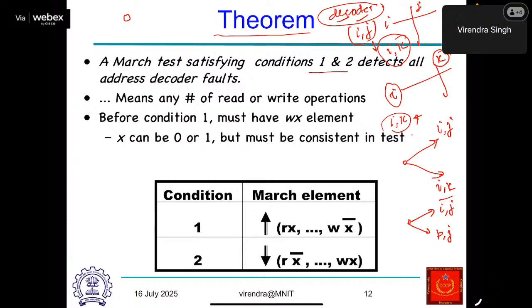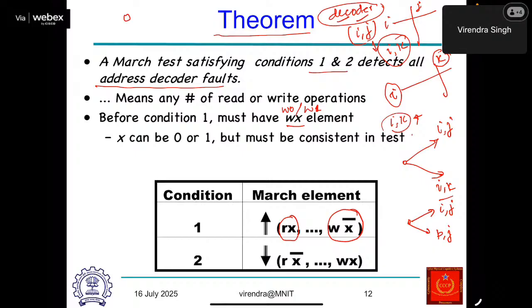To detect all the address decoder faults, this means applying a number of read or write operations. Before condition 1, you must have written something into the element. X can be 0 or 1, so this can be write 0 or write 1. So what you do is read the array and then write the opposite value of that.